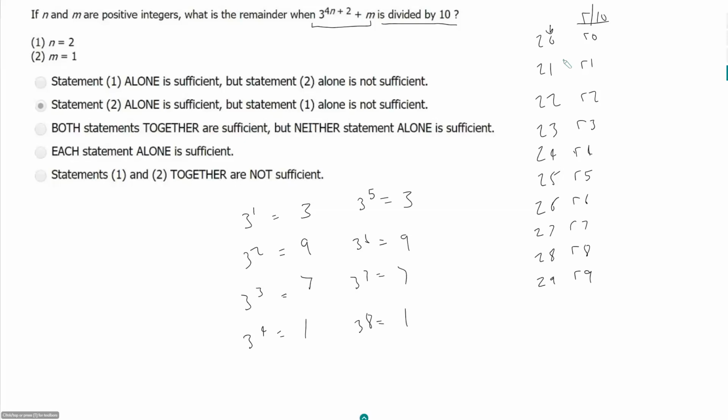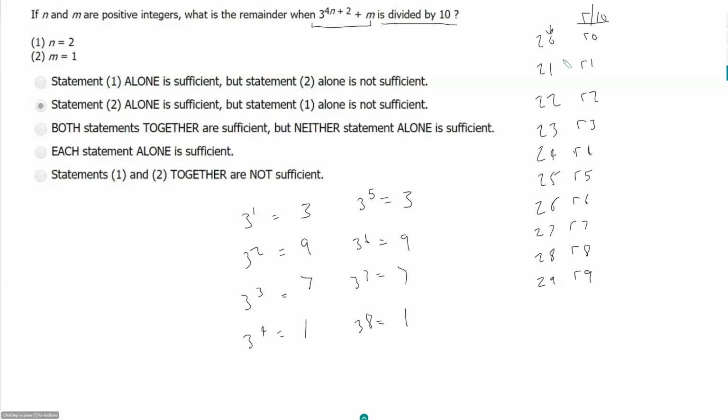And so, from this, I can see that 3 to the fourth, 3 to the eighth, 3 to the 12th, 3 to the 16th, for example, all of those will have a units digit of 1. So we have 3 to the 4n plus 2. Let's think, because they tell us n and m are positive integers.